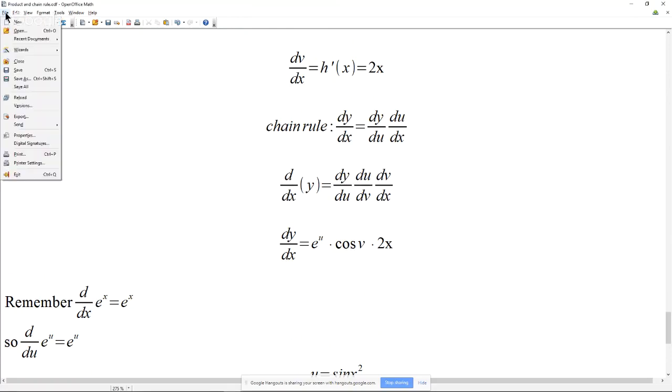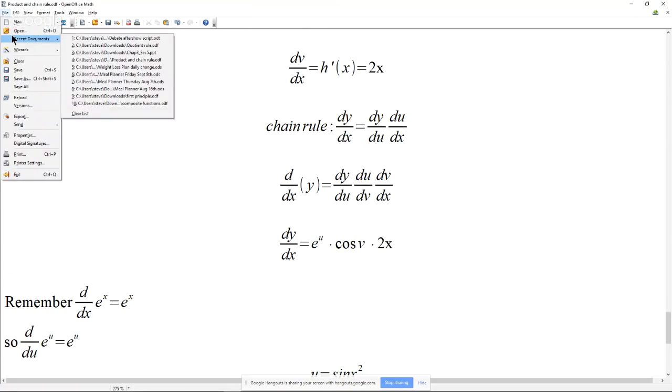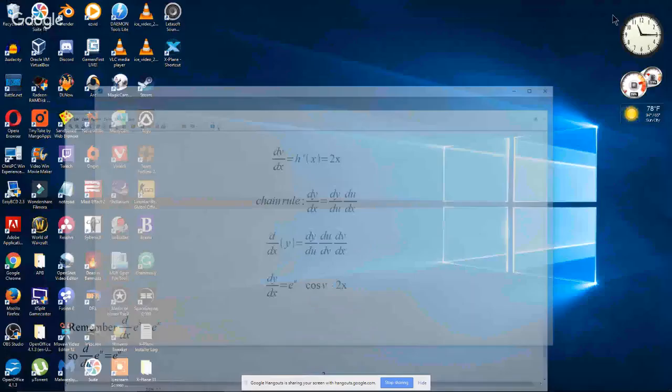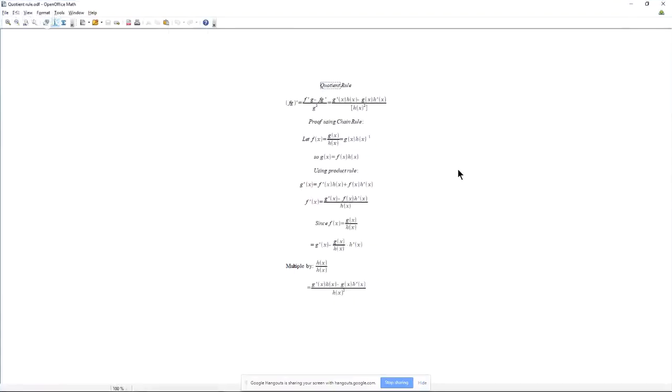Now, let me see if I can open up this real quick. Let me just go to this one. Okay, we're going to touch on the quotient rule, and the reason I want to go straight into it is because the quotient rule is a very good way to use the chain rule to prove that the quotient rule works.